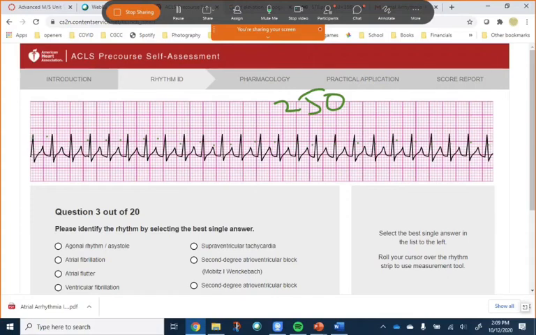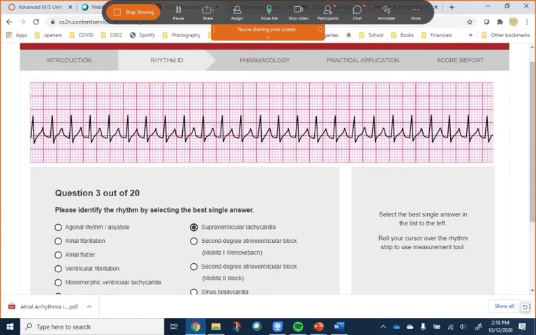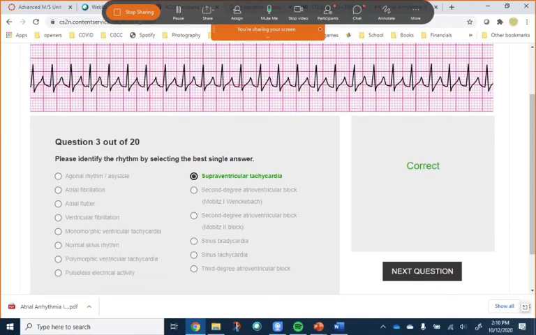So it's either, at this point, VTAC or SVT at this high of a rate. What differentiates it is the normal QRS. It's only 1 box wide, so we put it into the SVT category. If it was a wide QRS, it would go into VTAC. But we're putting it in SVT, and we would be correct.